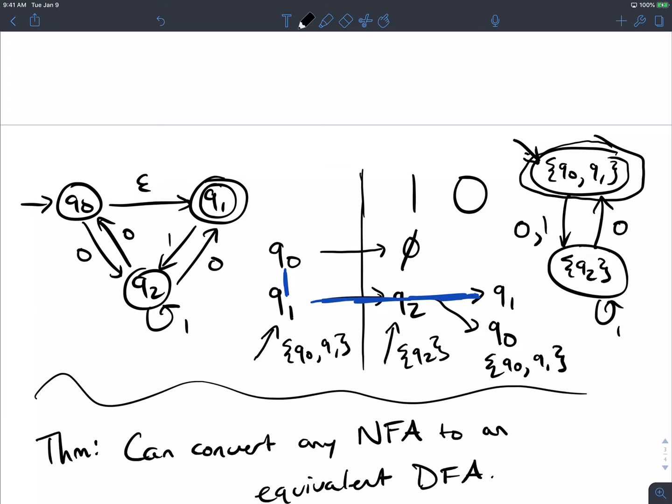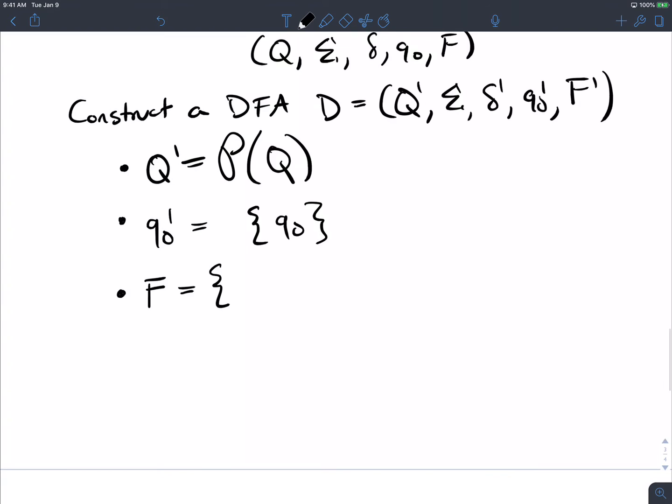Q1 was a final state before. So you can think of this as saying it's all the subsets such that they have non-empty intersection with the final states. So in other words, all the states in the DFA, if they have a Q1 anywhere inside of it, they are final. Because I could reach Q1, that means that it should be a final state in the DFA.